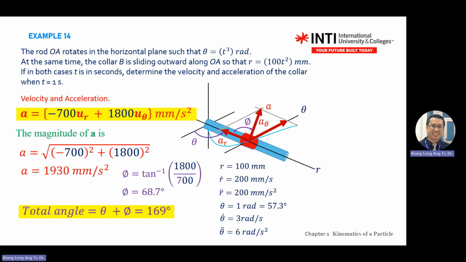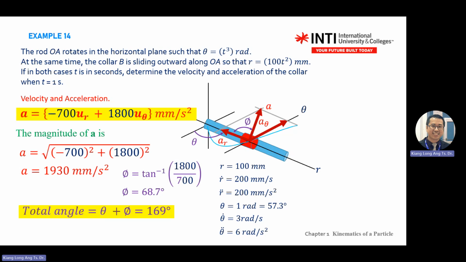Understand? Or is it still blurred? Okay, like that. This is A. Here to this is R. So this is 68.7. So here to here is 57.3. So the total angle is actually from here to here.